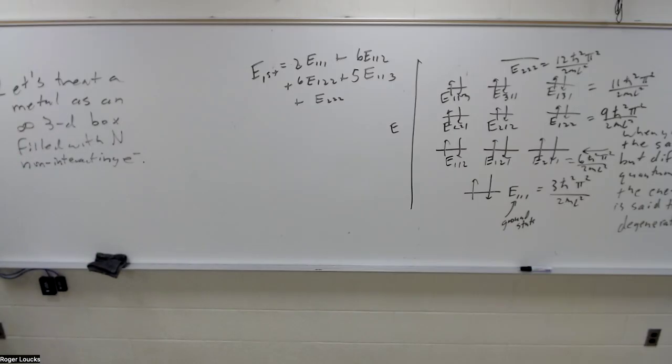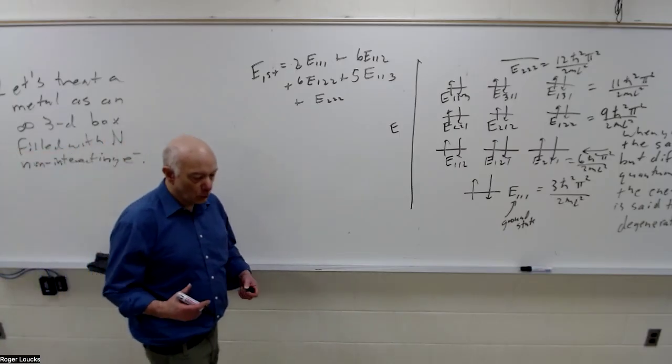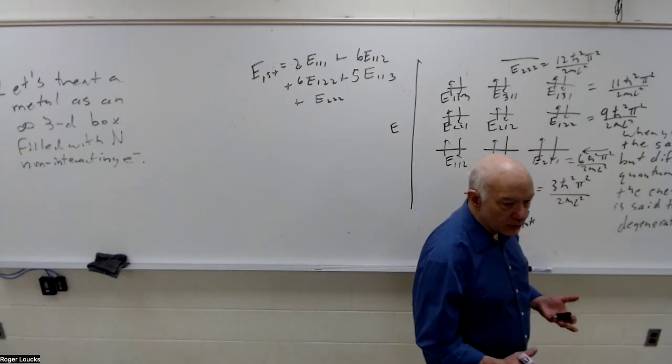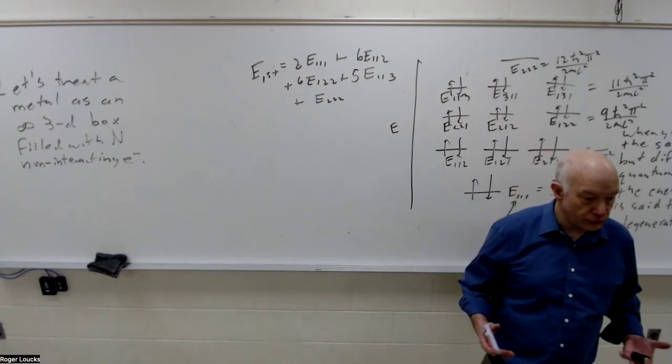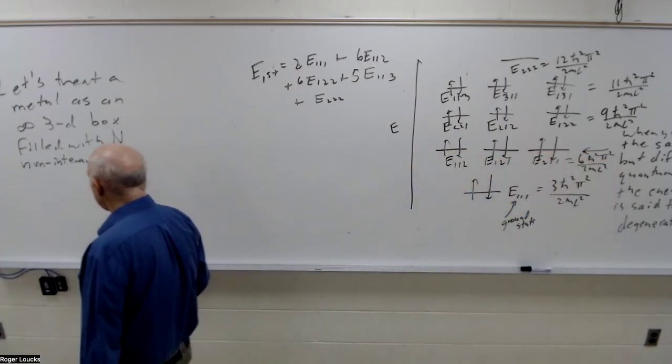We give this a name if they're non-interacting. What does it mean? It means that there's really no forces acting on the particles. So we call this the free electron theory of metals.